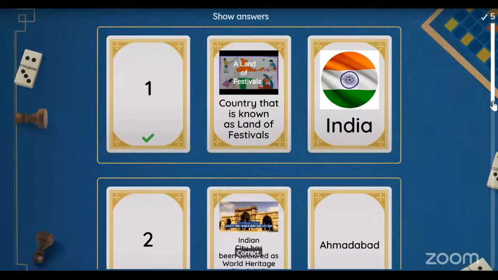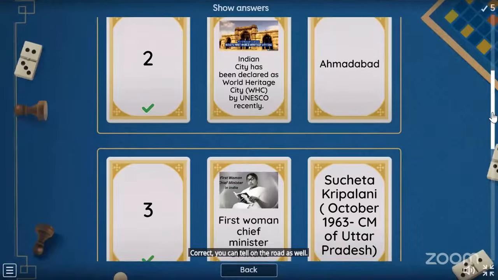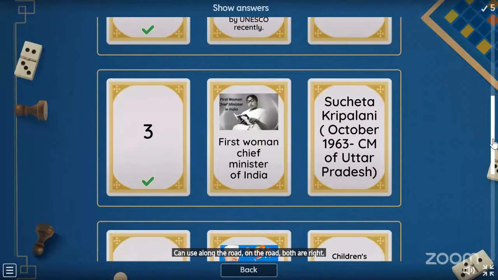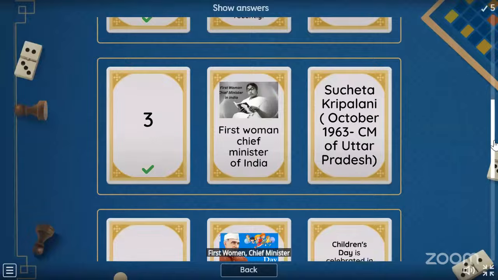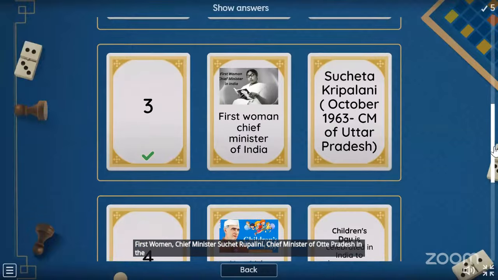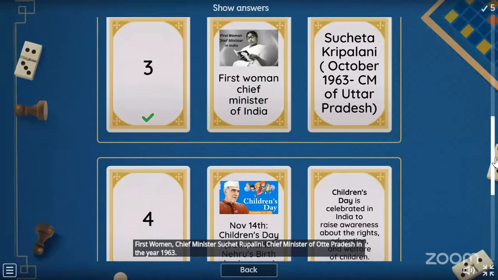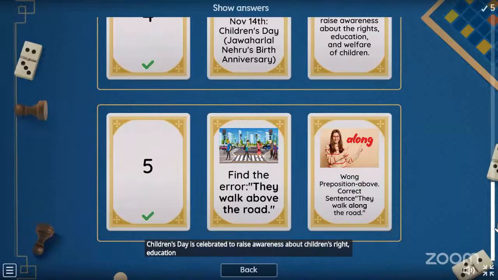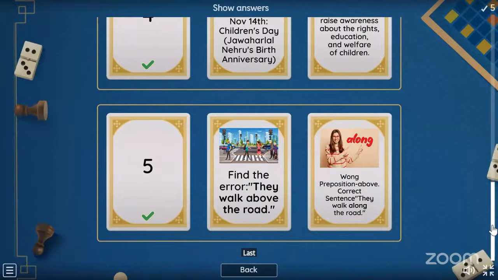Correct, you can tell on the road as well. You can use along the road, on the road, both are right. First woman Chief Minister, Sucheta Kripalani, Chief Minister of Uttar Pradesh in the year 1963. Children's Day is celebrated to raise awareness about children's rights, education and welfare. Lastly, it was error that we had to identify.